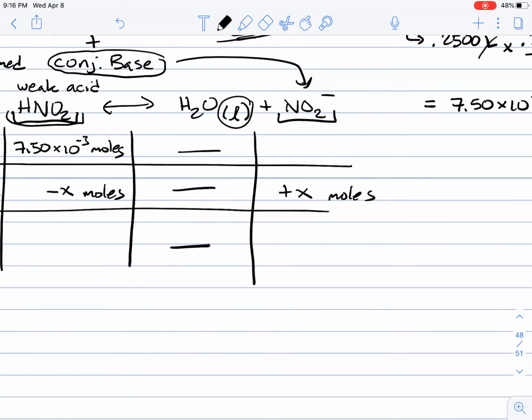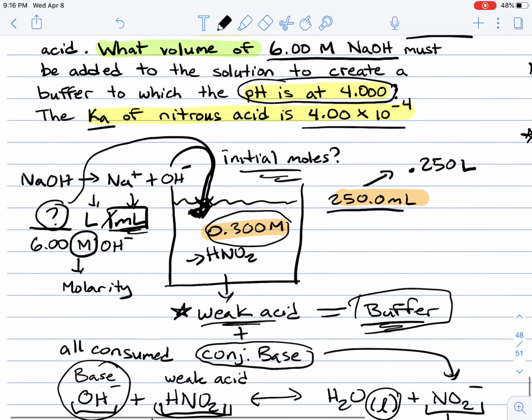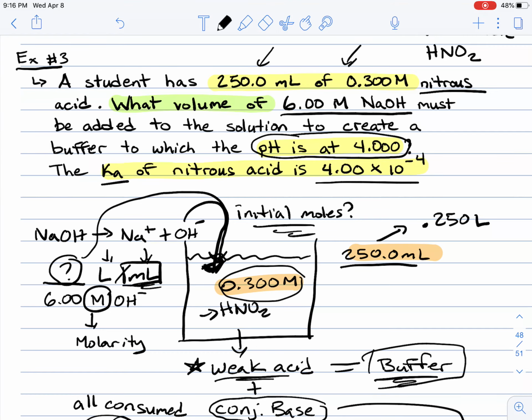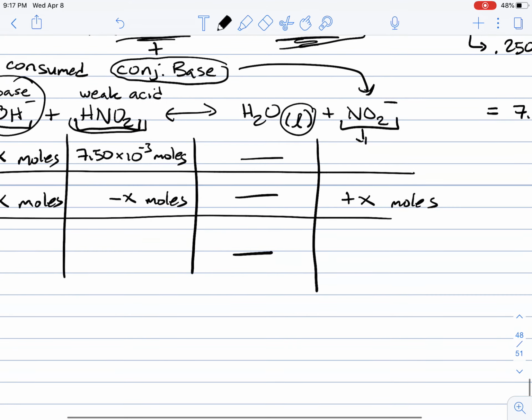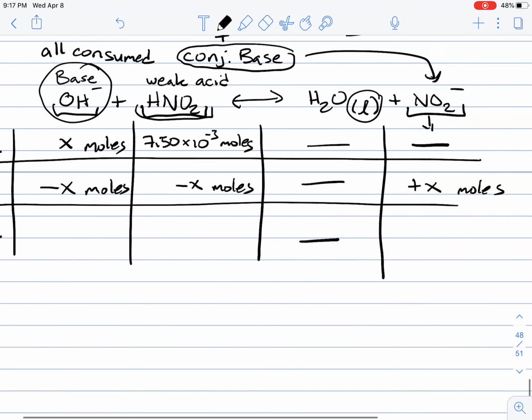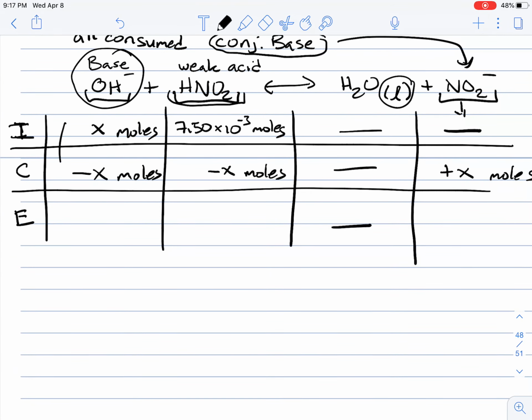Now, real quick, for NO2 minus, nitrite, do we have an initial amount? No. The problem doesn't specify that we even have the conjugate base of the weak acid at all, so we're going to blank that out. Adding downwards, this is just 0. So we should have no hydroxide left over after this acid-base reaction has been performed.